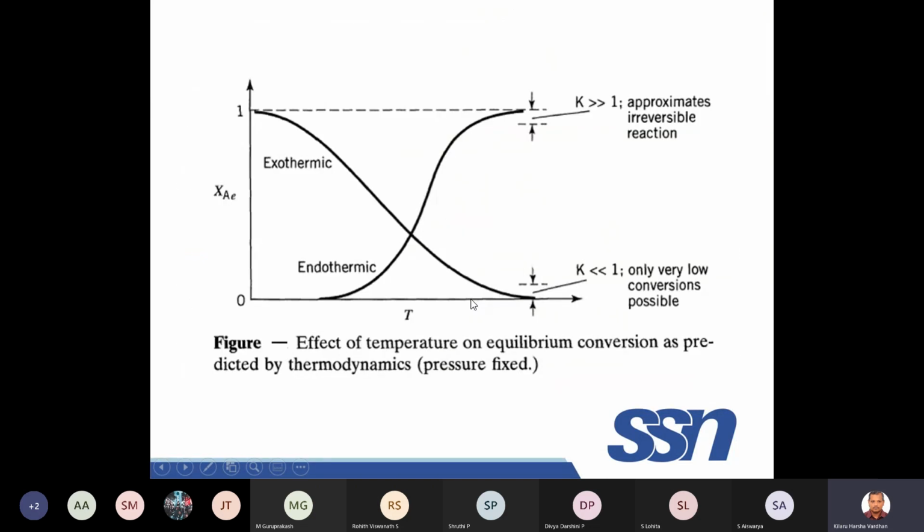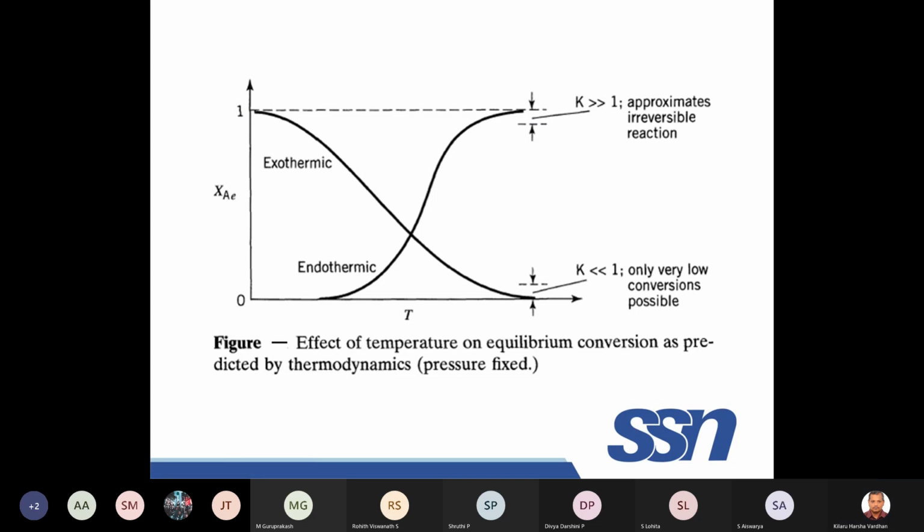So in the last class we were discussing this. The equilibrium conversion will decrease for exothermic reactions and increase for endothermic reactions with temperature. If K is greater than 1, that means it is almost an irreversible reaction. There is no reverse reaction. You can see XAE is almost 1.